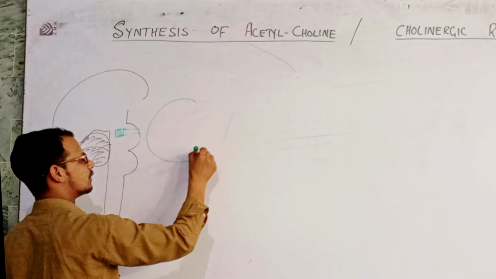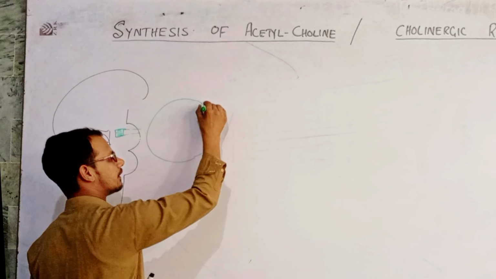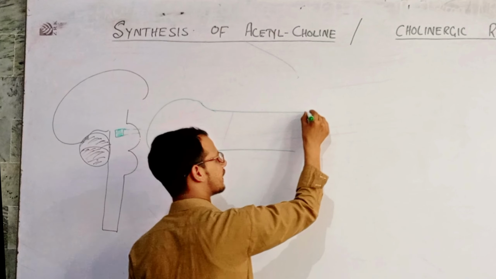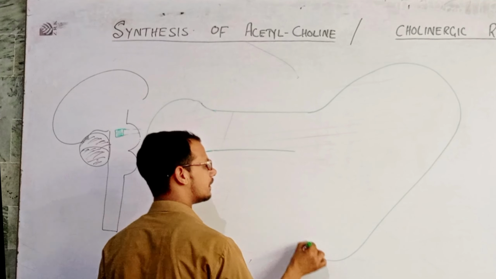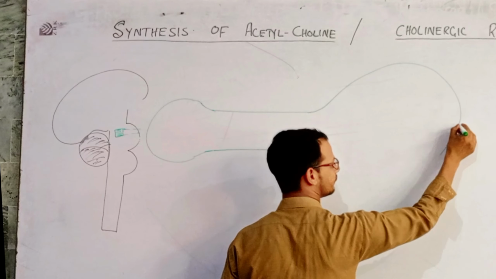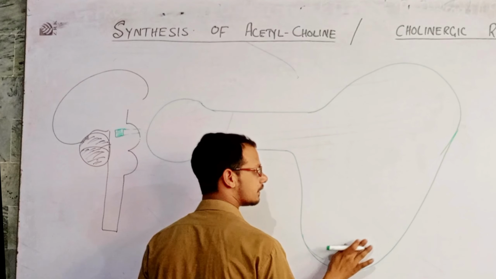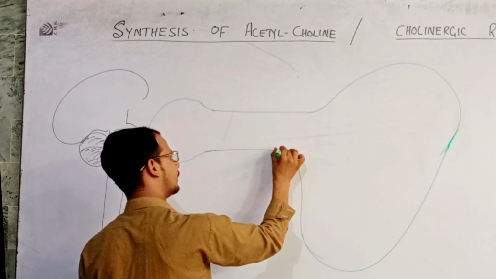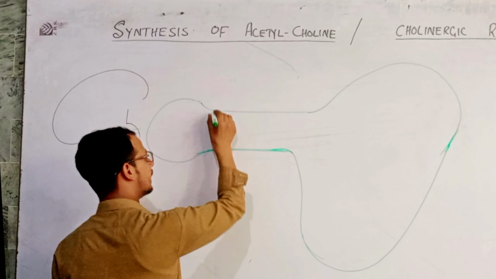This is the cell body of the neuron. This is the axon, and this is the axon terminal. Right? We are discussing the synthesis of acetylcholine.